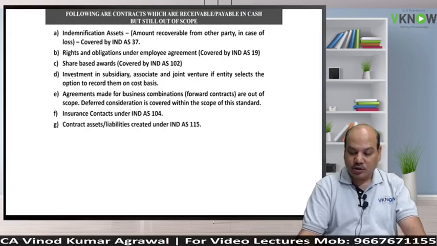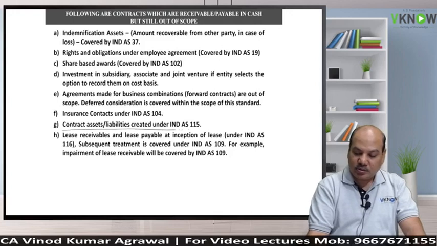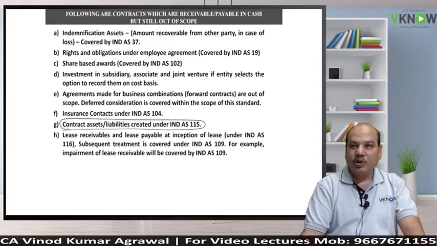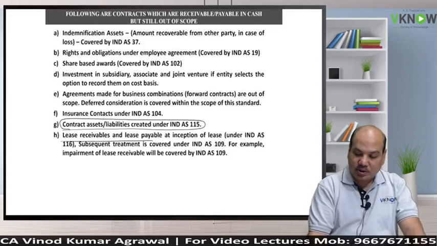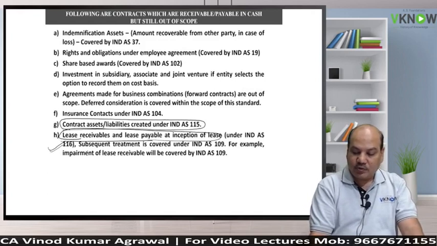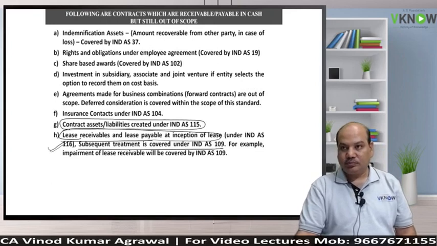Insurance contract, Ind AS 104. Contract assets and liabilities which are covered by 115 will be accounted there. Lease receivable and lease payable at the inception, at the beginning, will be accounted under 116. However, subsequent treatment will be as per Ind AS 109.